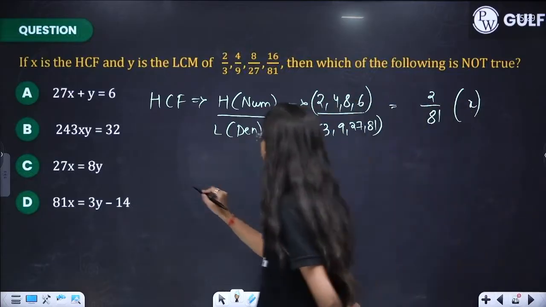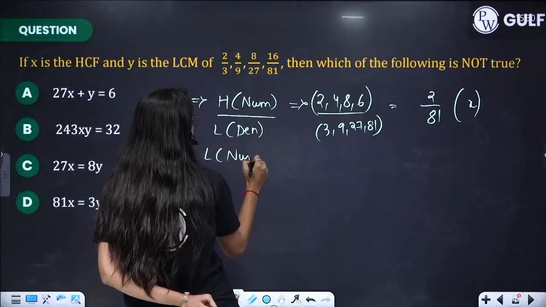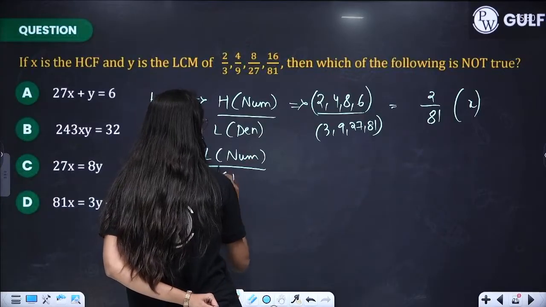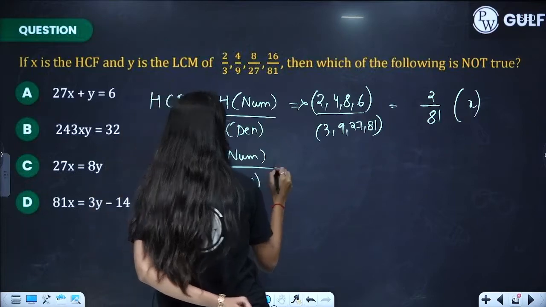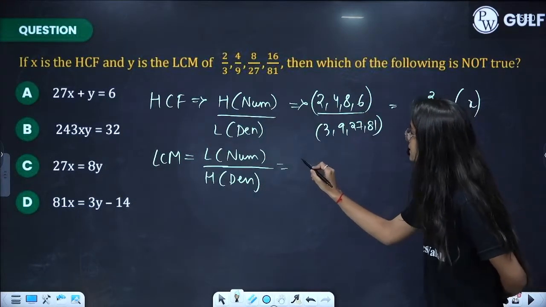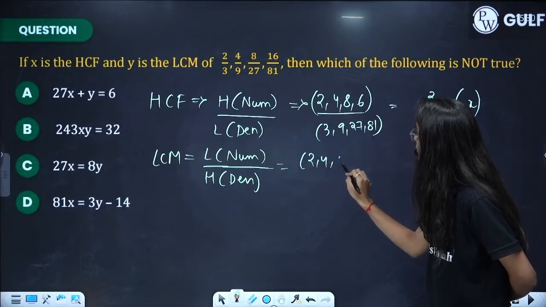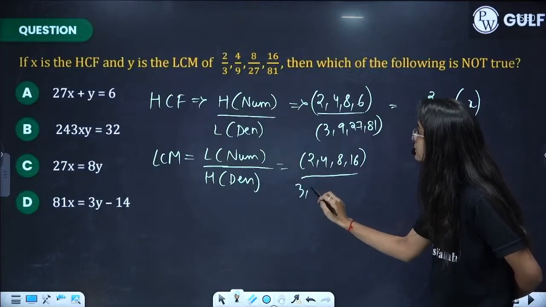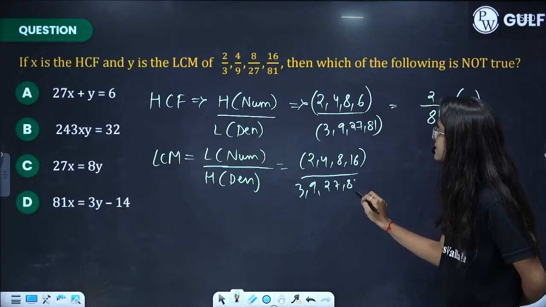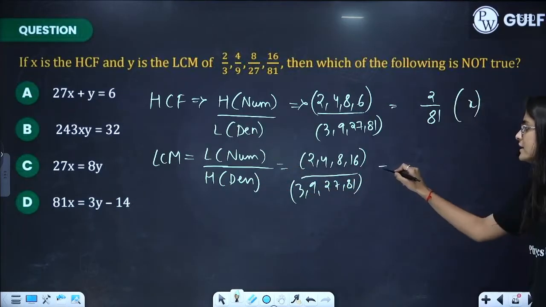Okay. Now for LCM, it is LCM of numerators upon HCF of denominators. So here you have to find the LCM of 2, 4, 8 and 16 upon the HCF of 3, 9, 27 and 81. This I am writing just for your reference, otherwise the formula is already written, you can find straight away.